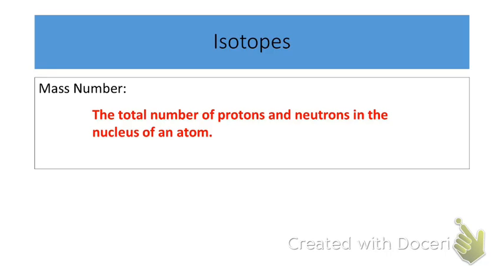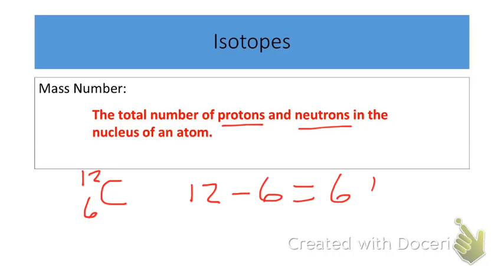So let's go back to our carbon, for instance. Let's say carbon 12. We know that it has 6 protons and a mass number of 12. So the mass number being the total number of protons and neutrons, if we take the number 12 and subtract 6, that should give us 6 neutrons.